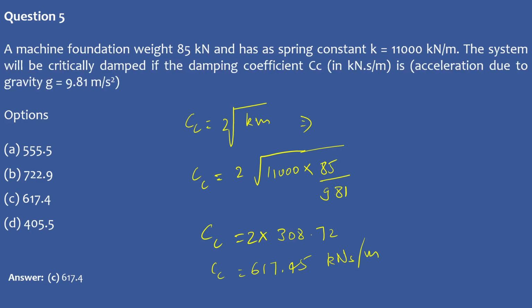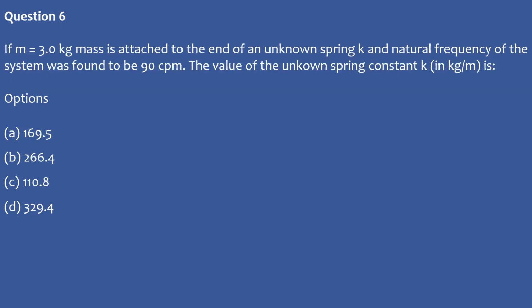Now let's move to question number 6. If a mass m equal to 3 kg is attached to the end of an unknown spring k, and the natural frequency of the system was found to be 90 cpm, then the value of the unknown spring k in kg per meter is.